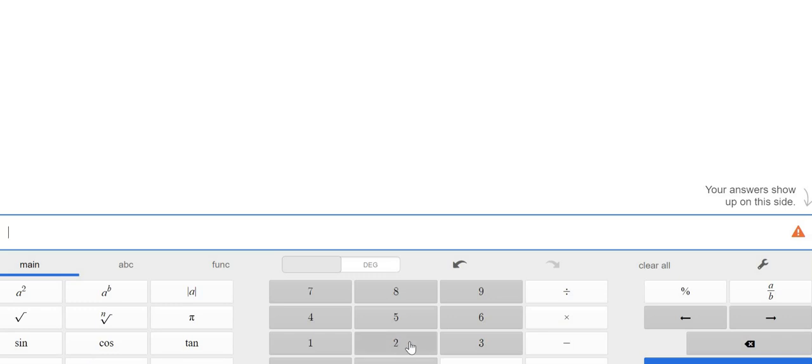So 2 times 28 times 15 times cos 82 degrees. So that's 116.9054048.